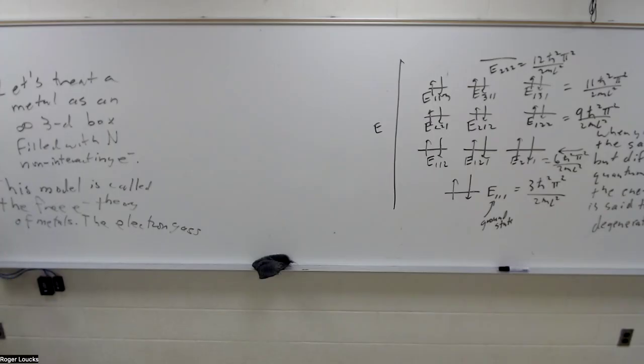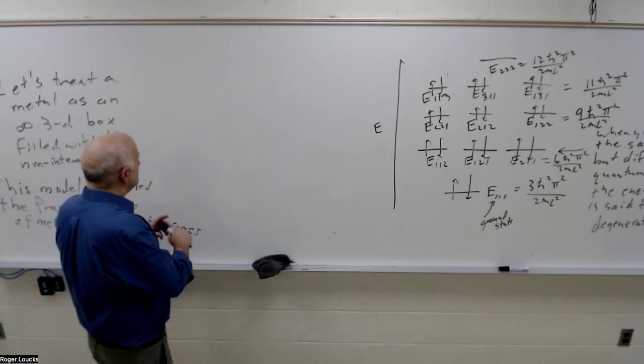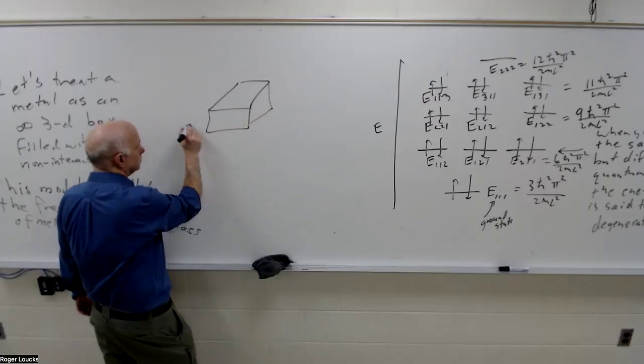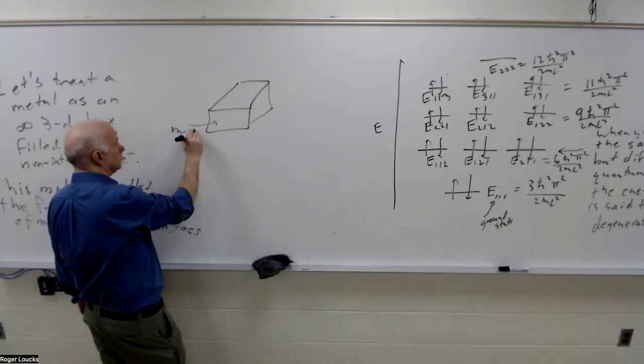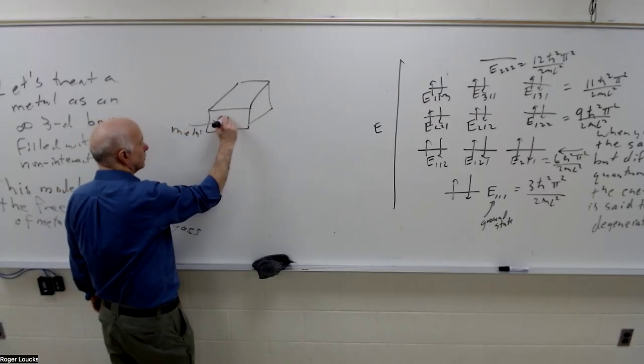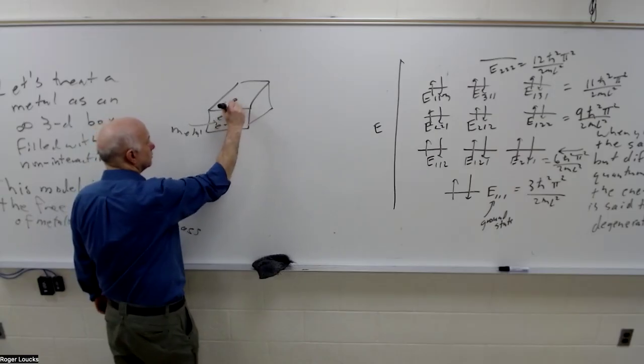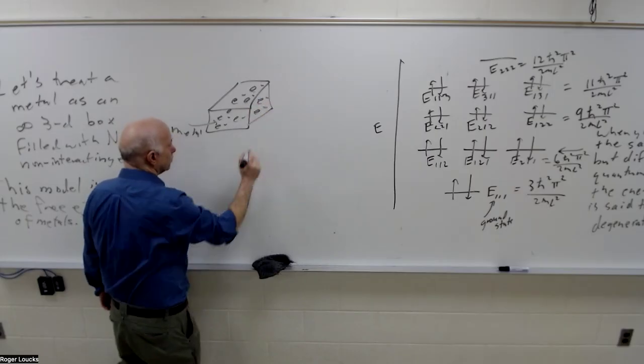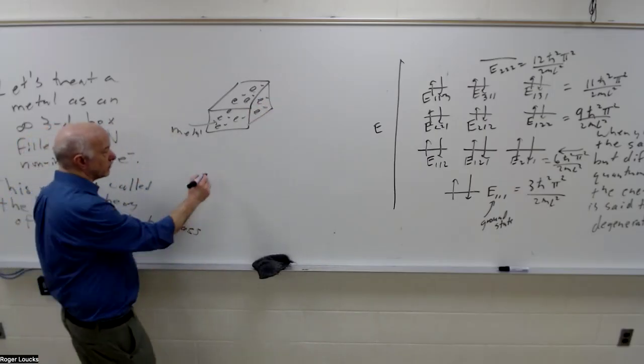Okay. This is basically going to be a gas of electrons, the free electron gas. So here's our metal. You're going to have all these little electrons in here, electrons in the box.